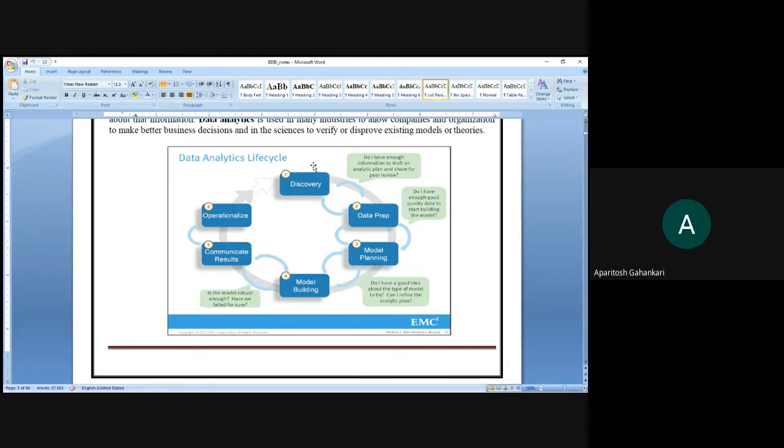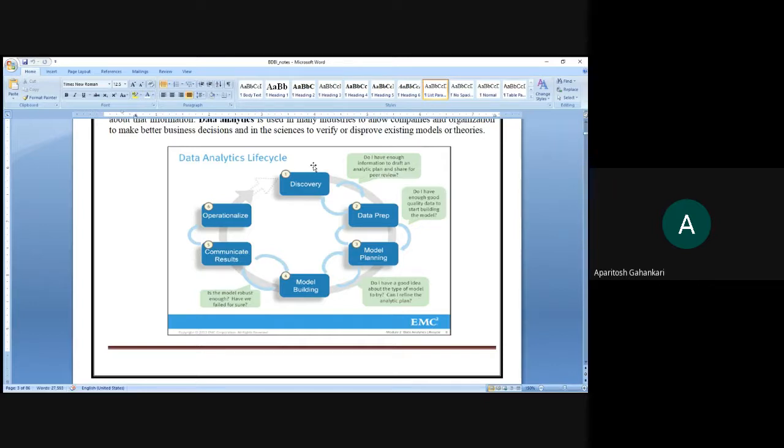The first is discovery. That means whether you have enough information to begin with the analytics plan. A huge amount of data is getting collected, and the question is whether it is collected rightly, correctly and sufficiently or not. Then you have to prepare the data. Do I have enough good quality data? This is a very important aspect, data quality.